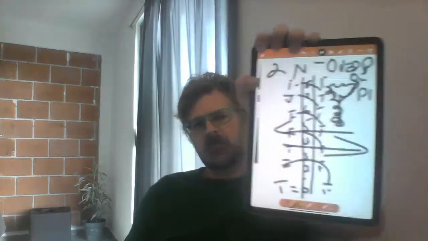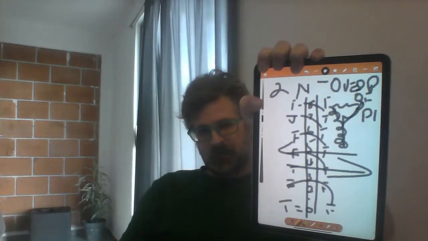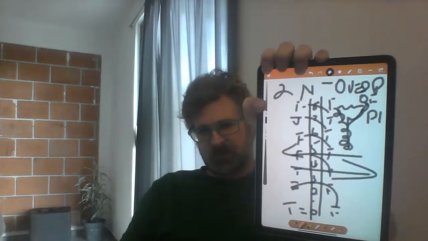Okay, so that's two narratives, 2 negative narratives over positive, okay, of pi. Okay, 2 negative over positive of pi.